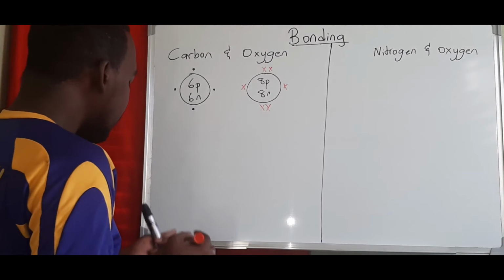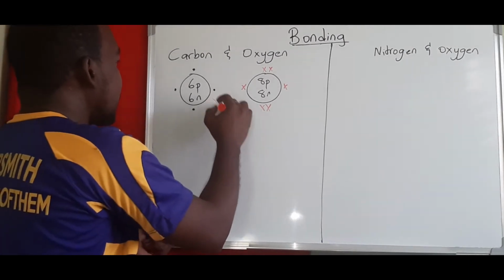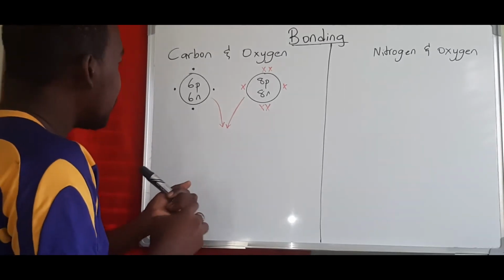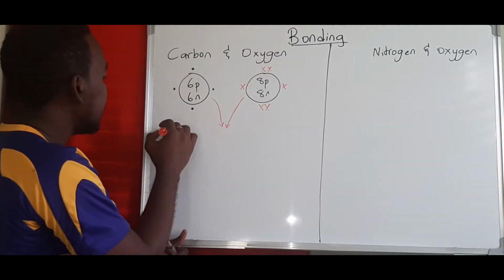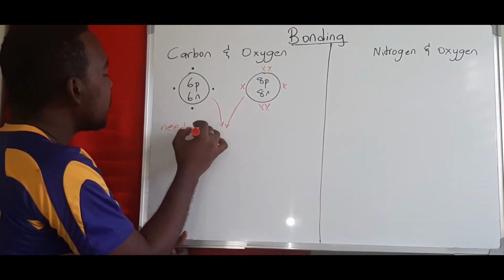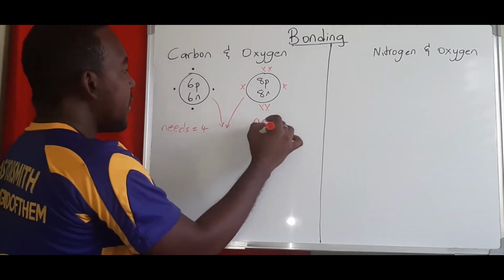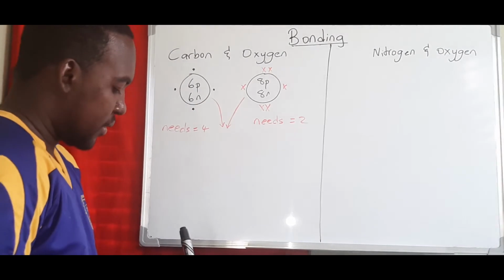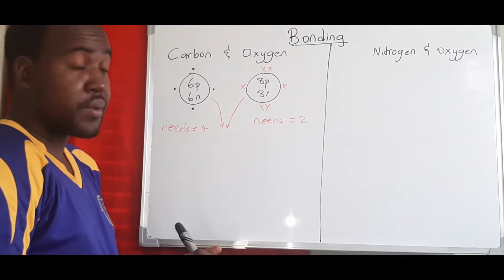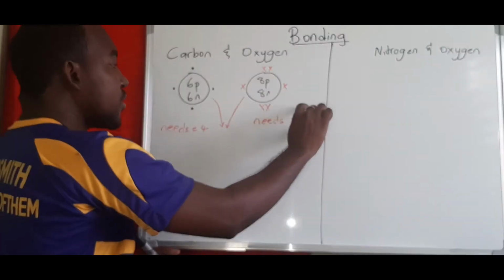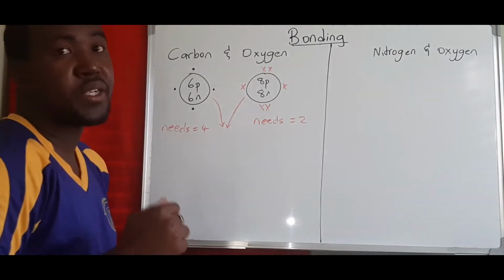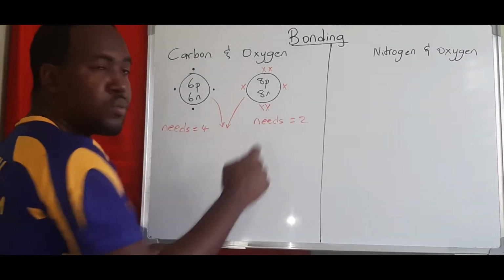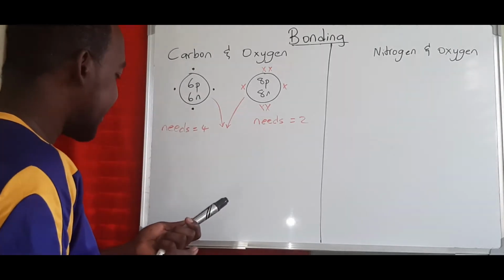So what we have when they share, right, is that we know that carbon needs 4, right, and oxygen needs 2. That's correct, right? So we use the smaller one to show how much we're going to share. So that means each atom will share 2. So let's go.